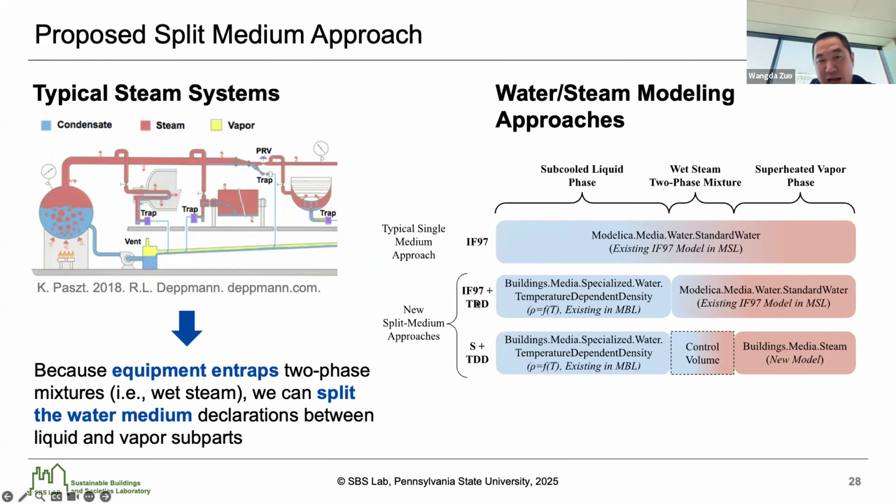The second we call IF97 plus TDD. TDD is temperature dependent density. Or we can make it even simpler. Basically, we use, again, the simple water medium model for the water, but for the superheated vapor phase, we develop a new model, which will be a simplified version compared to IF97.